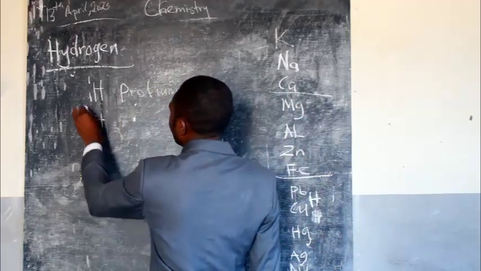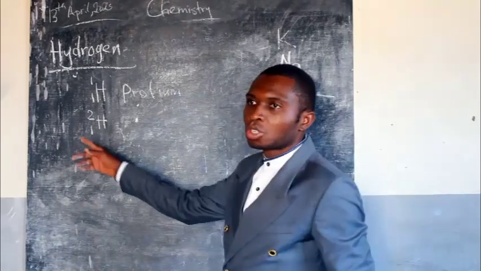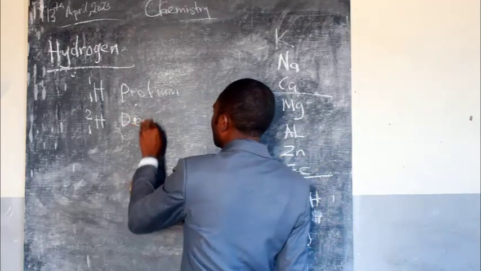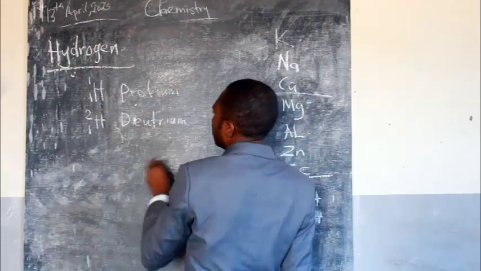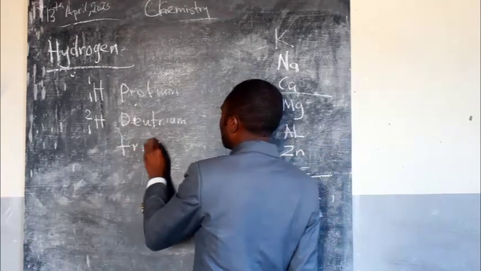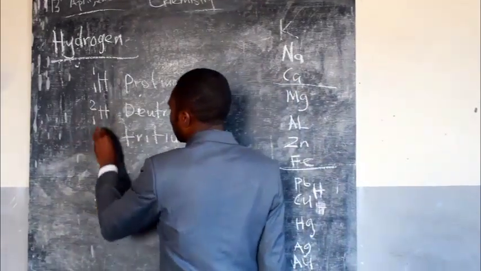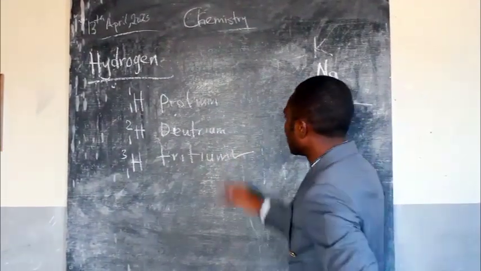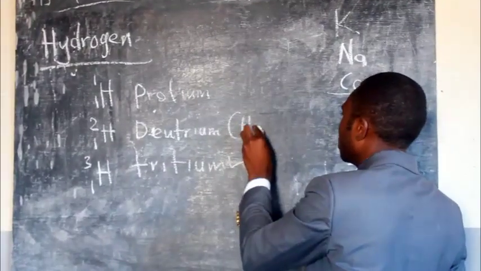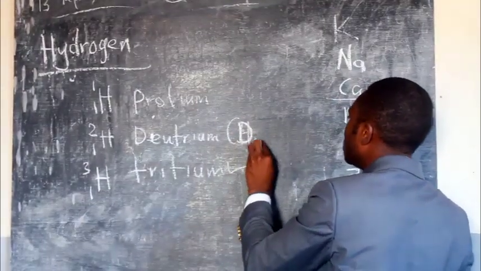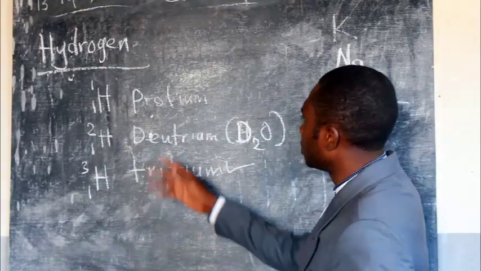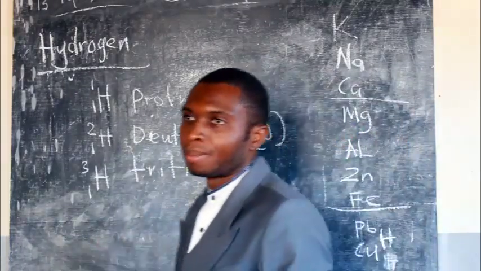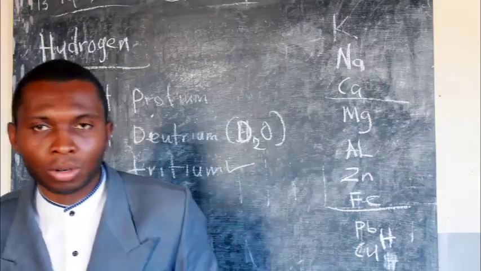We have deuterium, which is called heavy hydrogen, and deuterium reacts with oxygen to form D2O, heavy water. Tritium is radioactive. Now, the laboratory preparation of hydrogen.